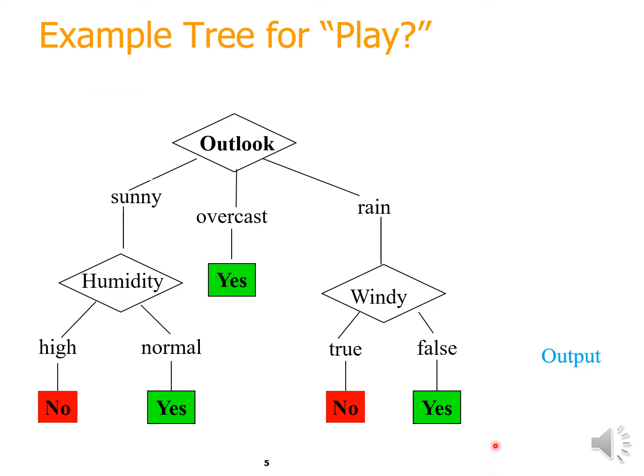Part of the goal of this lecture is to learn how to generate a decision tree like this from input like in the previous slide. That's the goal of this lecture.